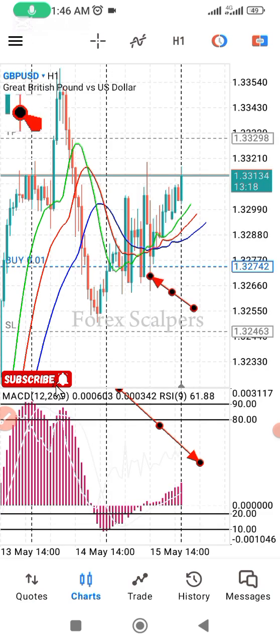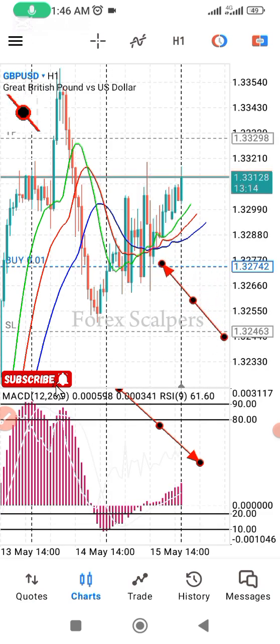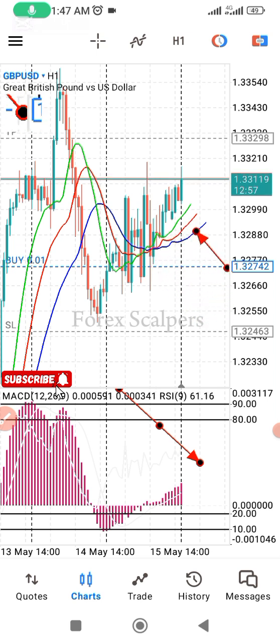Once that is established, you look at the alligator lines. You need to be careful enough for the blue to cross to the downside. Here, as you can see, the blue line of the alligator is below the red. So the blue should be below.